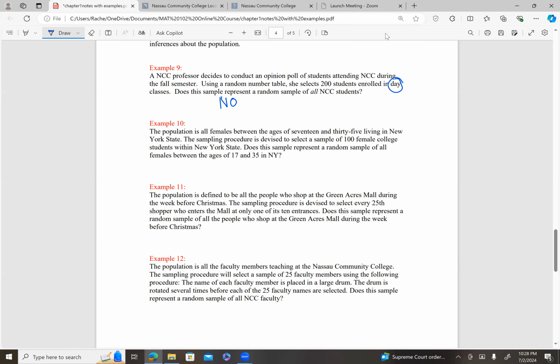So even though they might be between the ages of 17 and 35, not every person in that age range goes to college. So this sample is not going to be a representative sample of all females between the ages of 17 and 35 because not all of them necessarily go to college. So the answer to that is no.